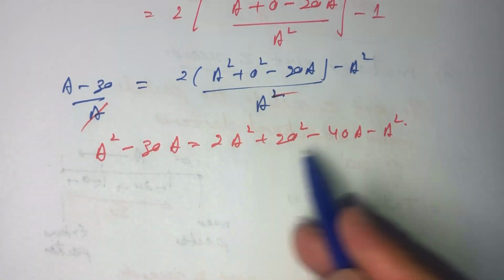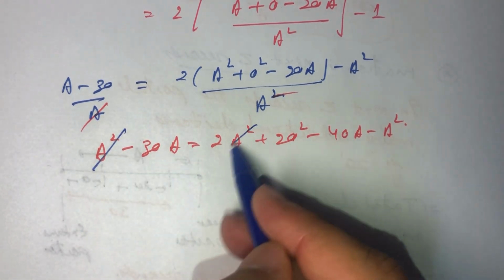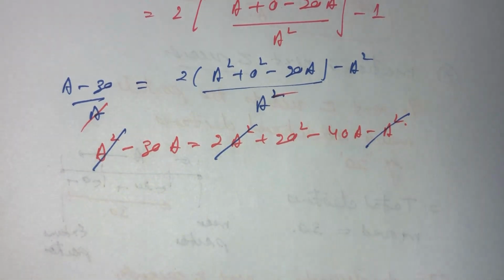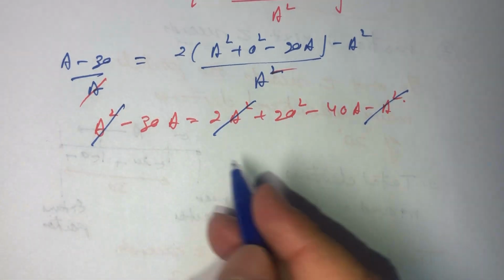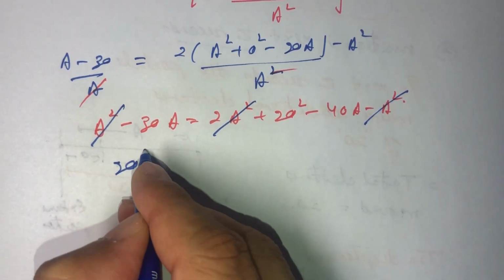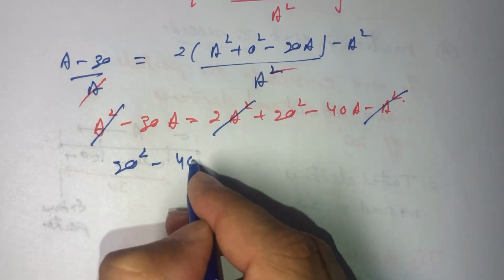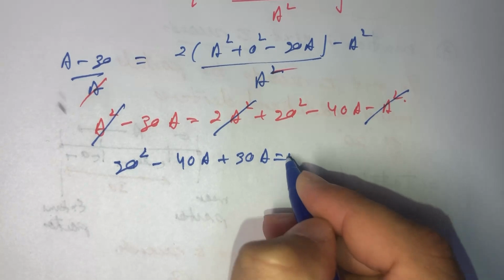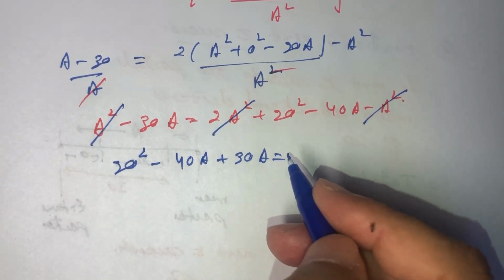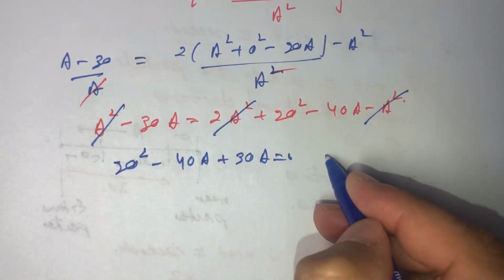So this is 2a square and a square, so this cancels out, and we are left with 2a square minus 4aa plus 3a is equal to 0.